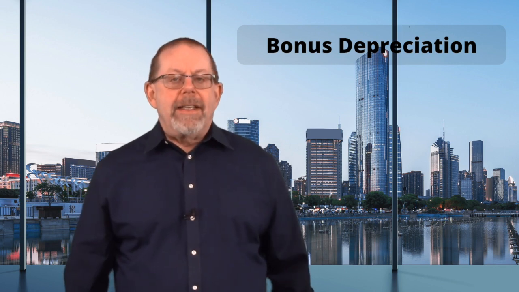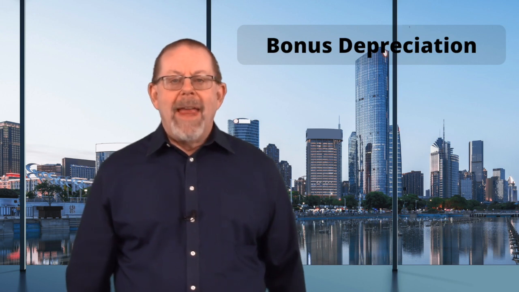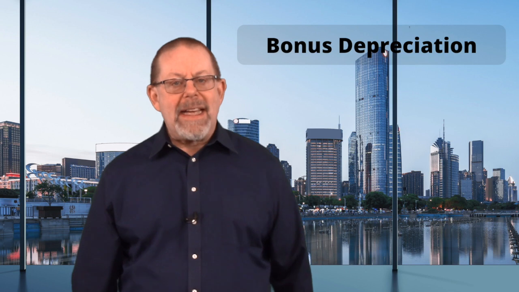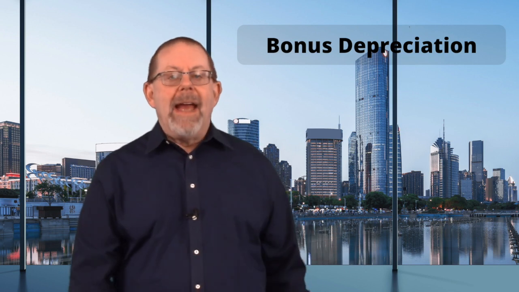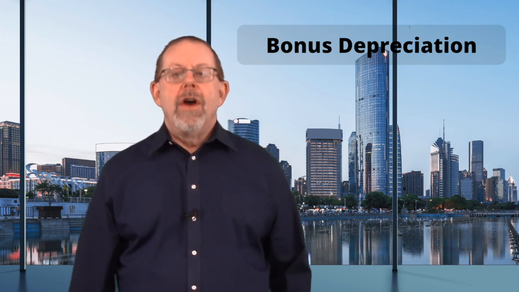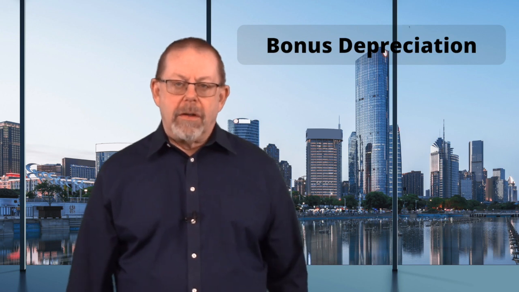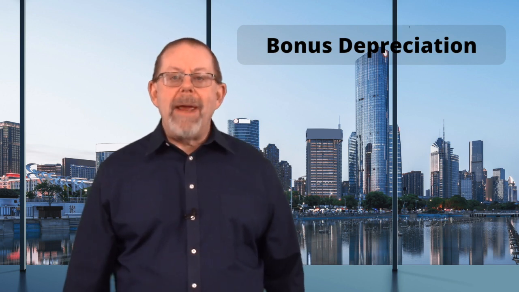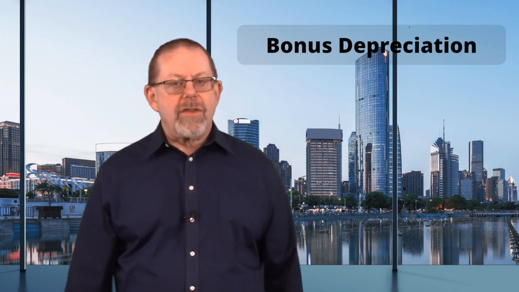Even if it's not done in the first year of ownership, as long as the property was purchased after September of 2017, we can go back and get the benefit for past years without amending tax returns. That can result in large passive losses that you may be able to claim on your personal tax returns.